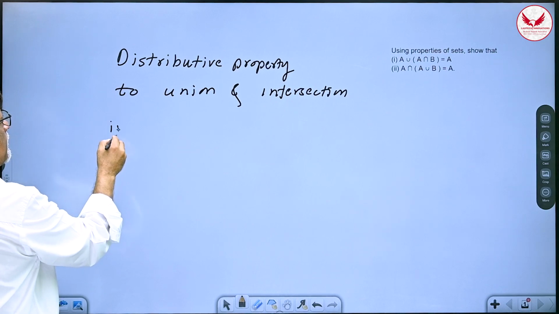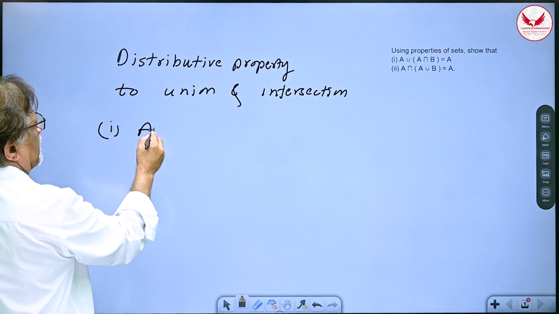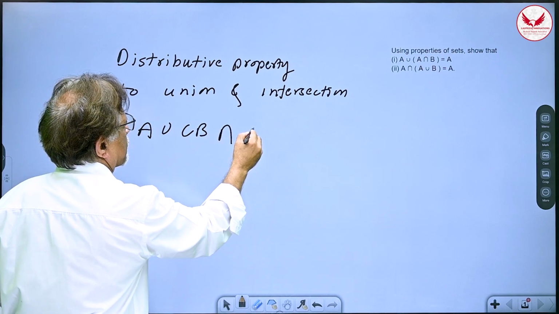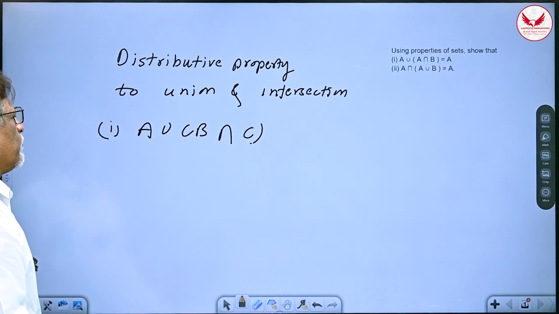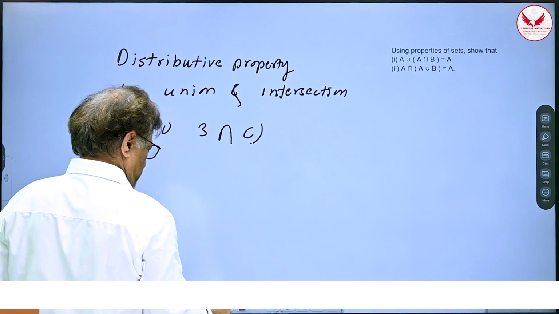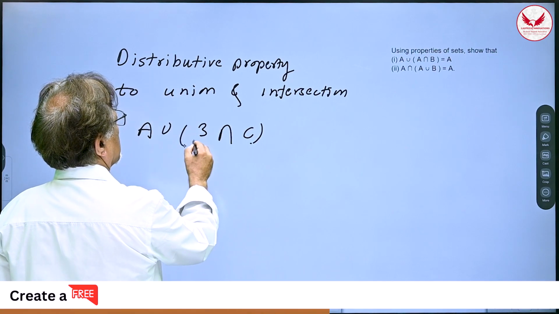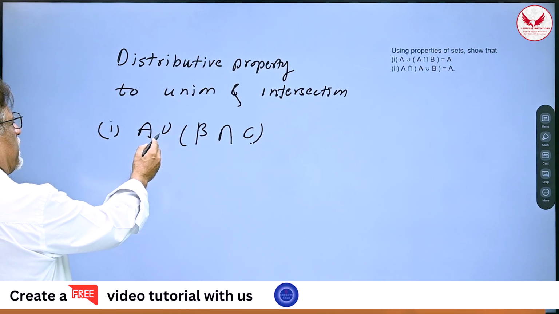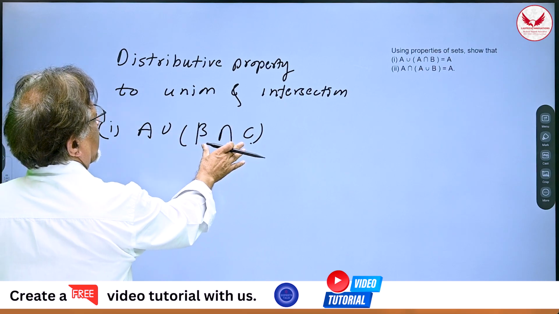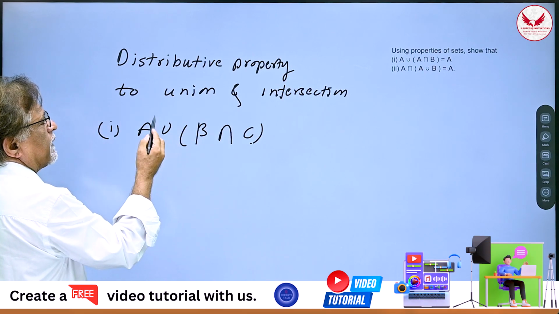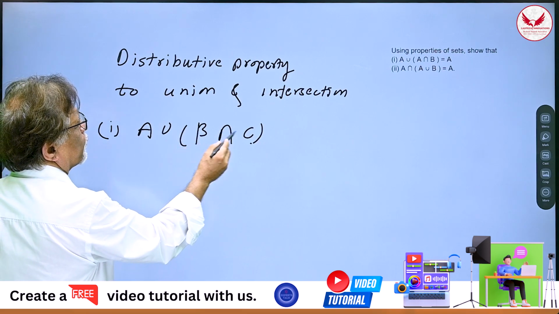The first one is like this: A union B intersection C. So this is union and we want to open this bracket. But if I want to open this bracket, I will have to distribute, and that means provide union to both of them.